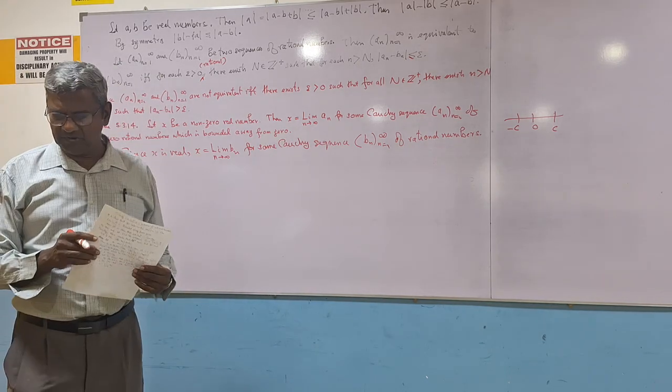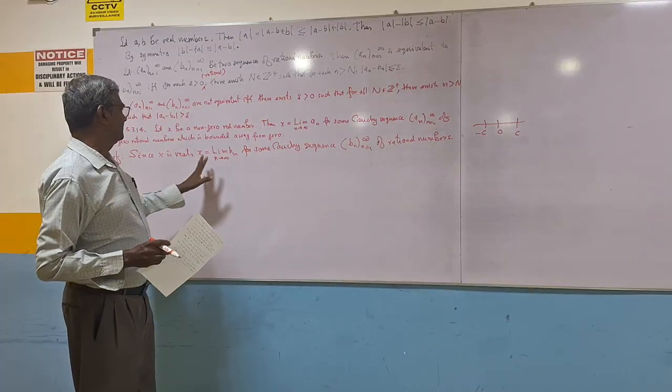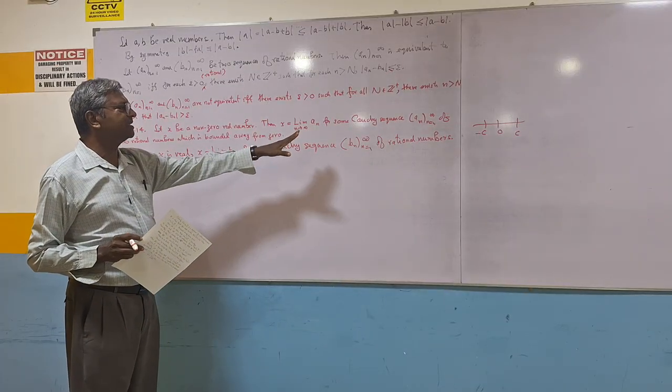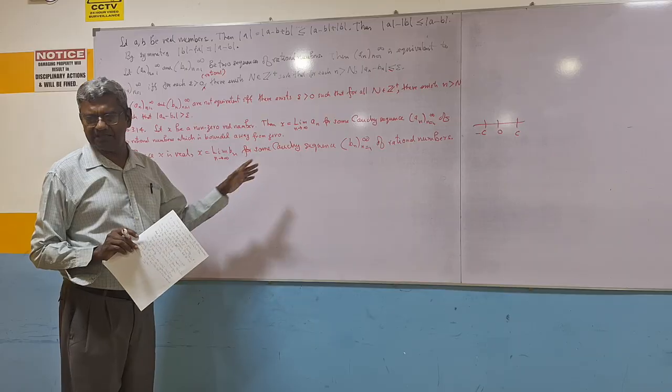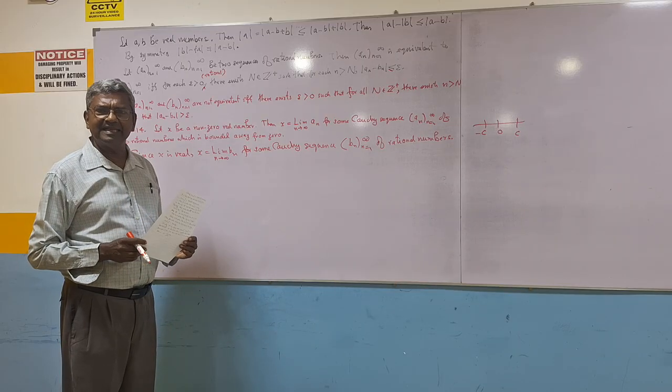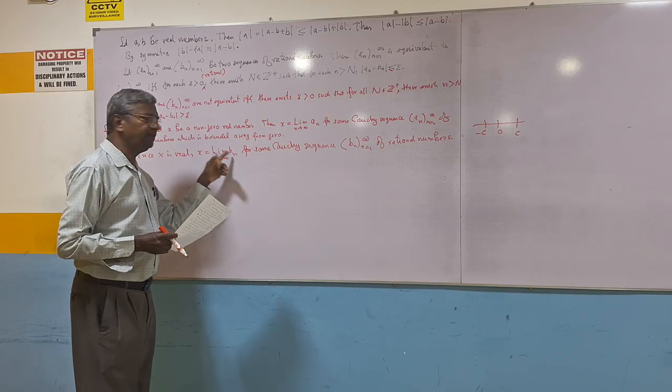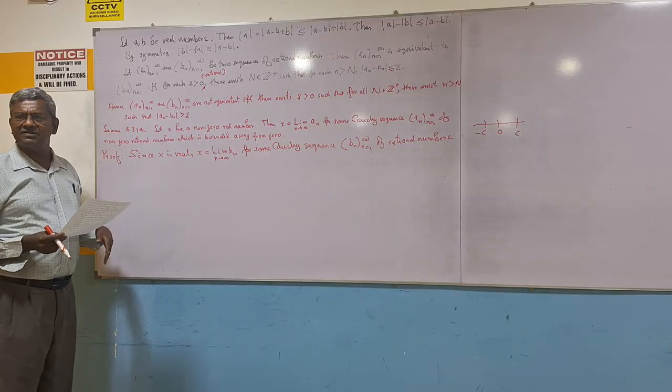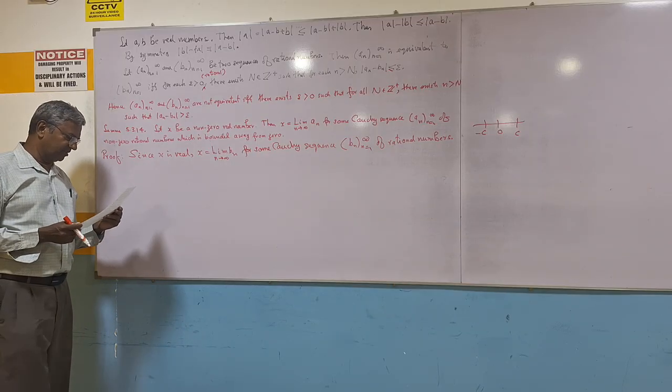I'm not going to answer. Say x equals the limit of b_n for some Cauchy sequence b_n of rational numbers. This is by definition. Any real number is a formal limit of a sequence of rational numbers.